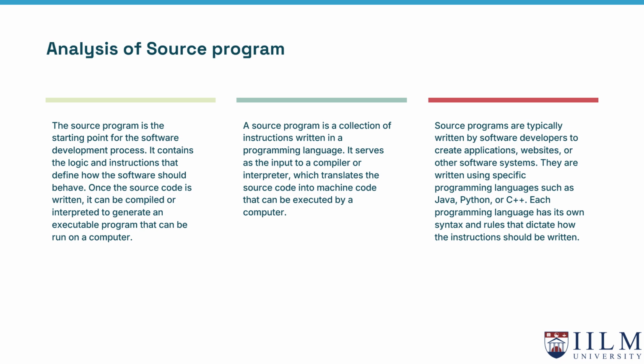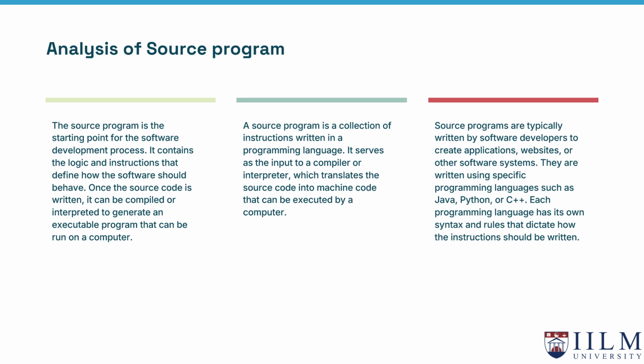As per the definition, a source program is a collection of instructions written in a programming language, and it serves as the input to a compiler or interpreter, which translates the source code into machine code that can be executed by a computer.